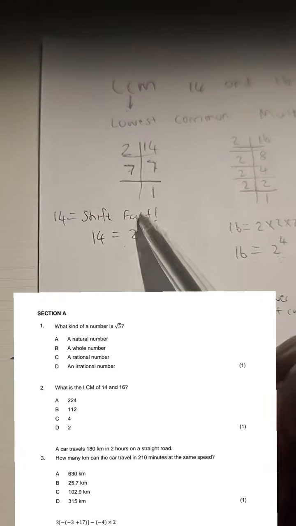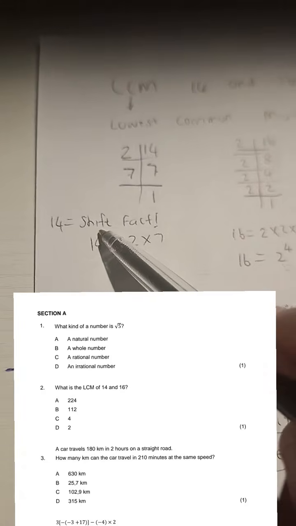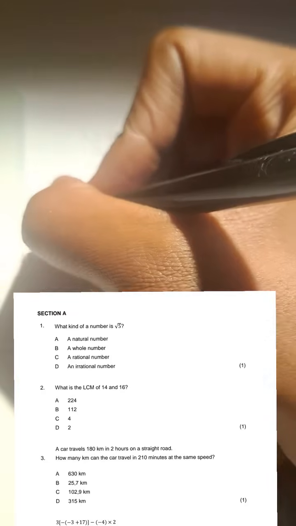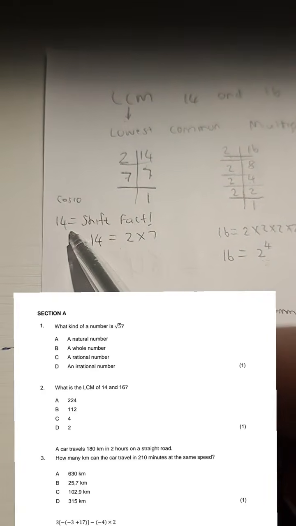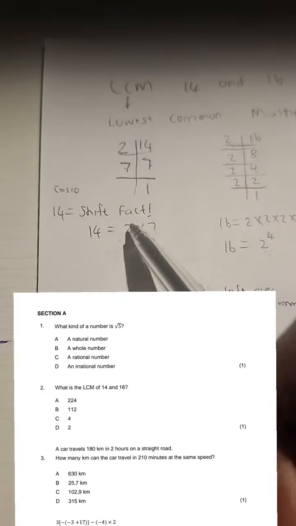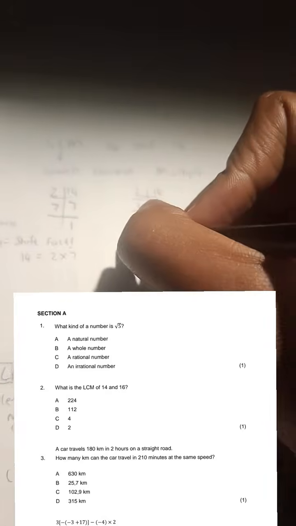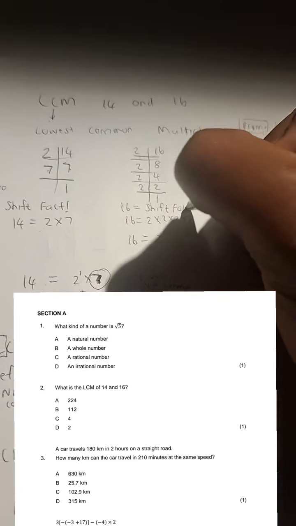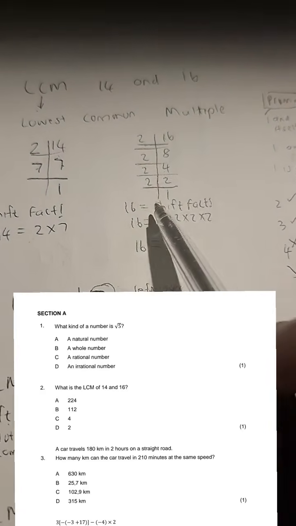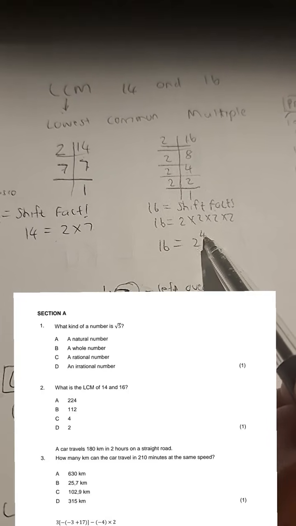If you want to get the product of factors without using the ladder method, using your scientific calculator, your latest version, you can say 14 is equal to shift fact. You'll get 2 times 7. Then you can say, same thing here, 16 is equal to shift fact. Go to your calculator, go press it. It will give you 2 to the power 4.